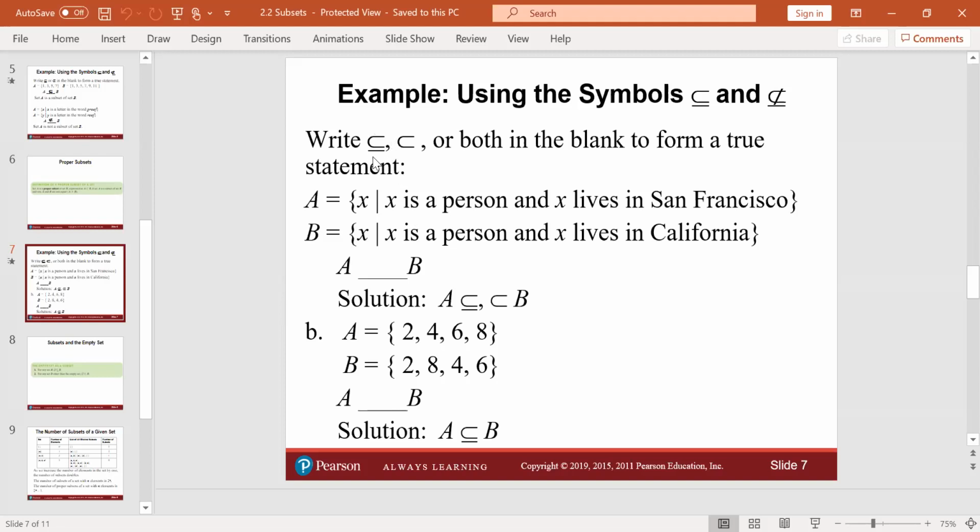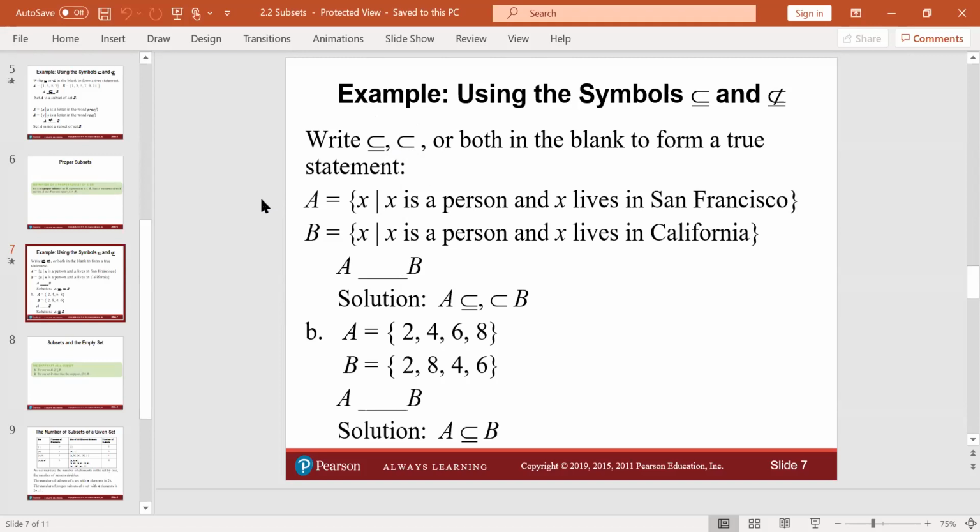We're going to write either the subset symbol or the proper subset symbol in the following to make a correct statement. So here are two sets. A is all x such that x is a person that lives in San Francisco. San Francisco is a city in California.